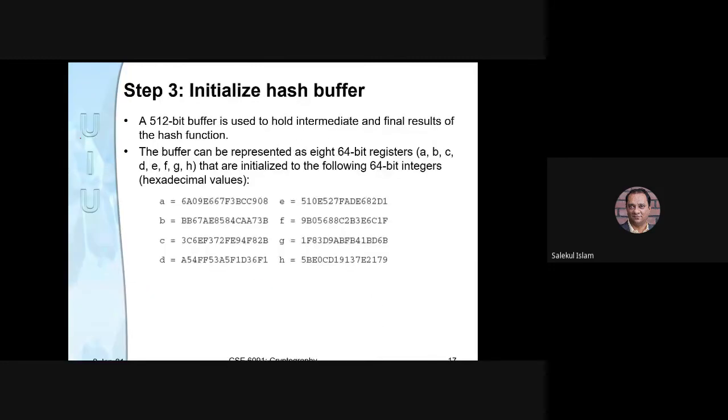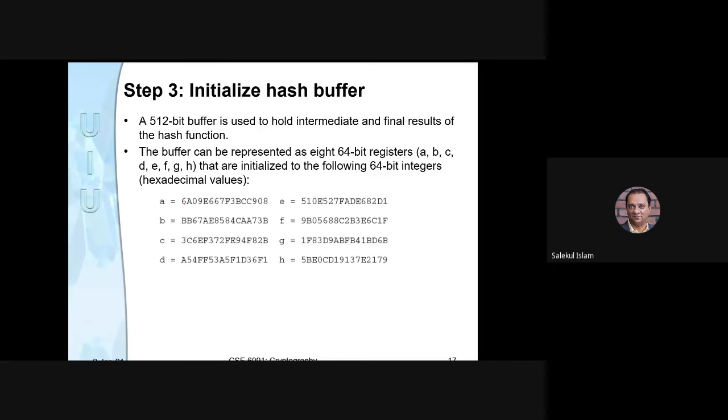So what is IV? This is the initialization hash buffer. A 512 bit buffer is used to hold intermediate and final results. So here we are using A to H. So we have 8 buffers, and if you look carefully you will find that all are hexadecimal numbers, and we have 1 2 3 4 5 6 7 8 9 10 11 12 13 14 15 16.